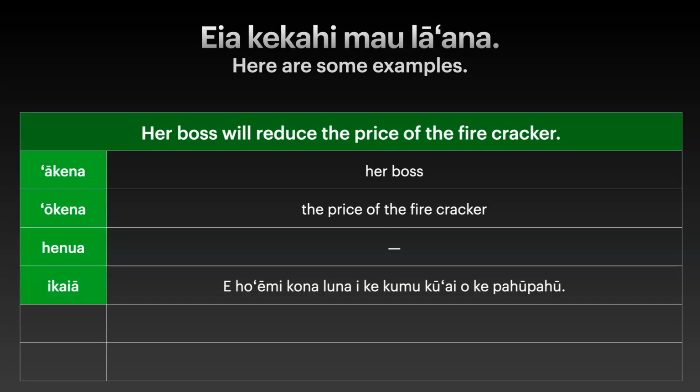Emi, remember, is an a'ano, so we had to add ho'o, or a version of ho'o, in front to make it a hamani. The hia'o, then we can use emi, and we get: emi ke kumuku ai o ke pahu I kona luna.